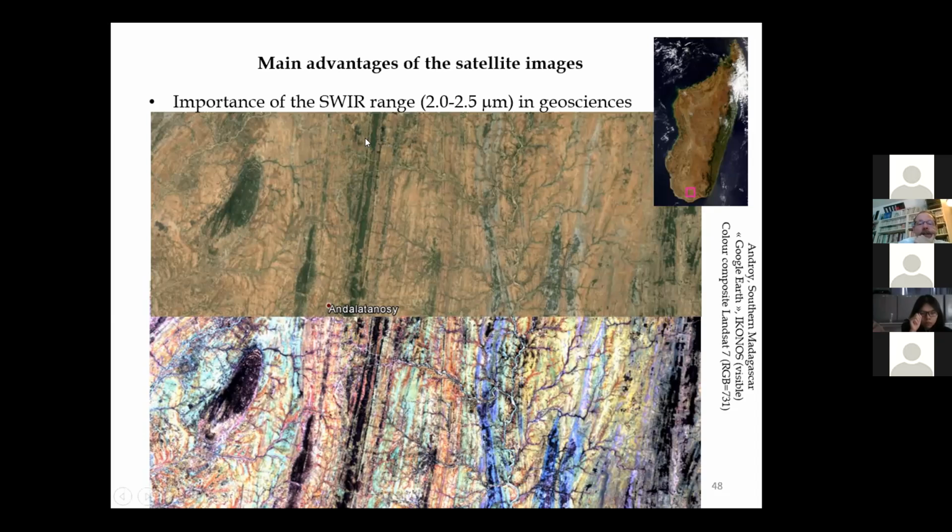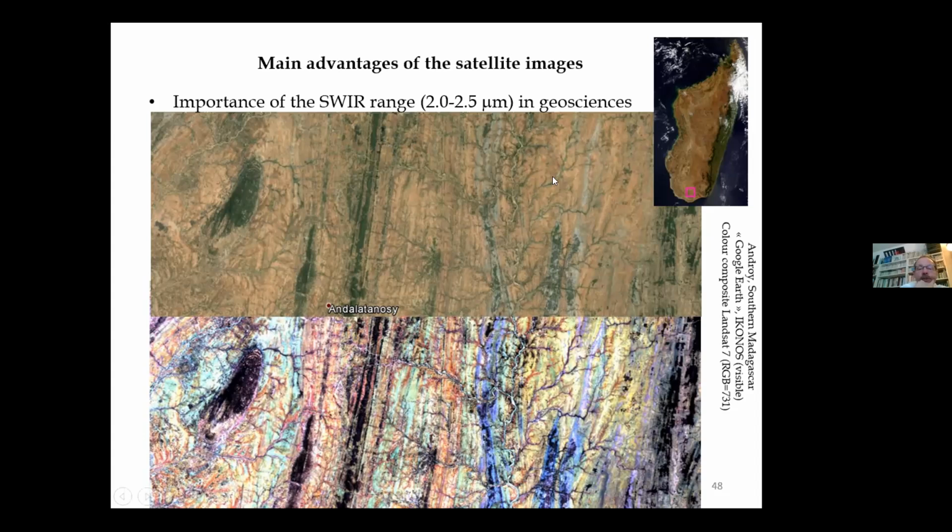Here it is simply the view you can look at using Google Earth. You know, it's a visible range. You can see some very interesting differences in reflectance corresponding, for example, to vegetated areas.